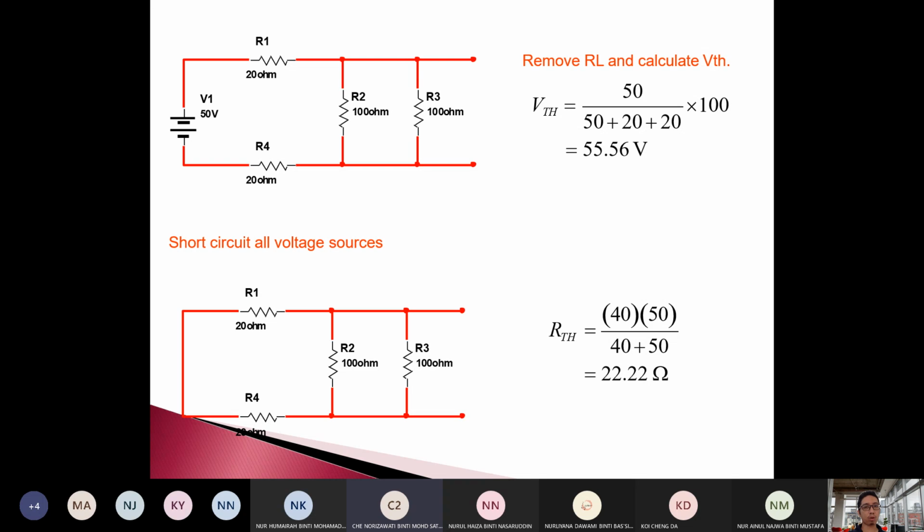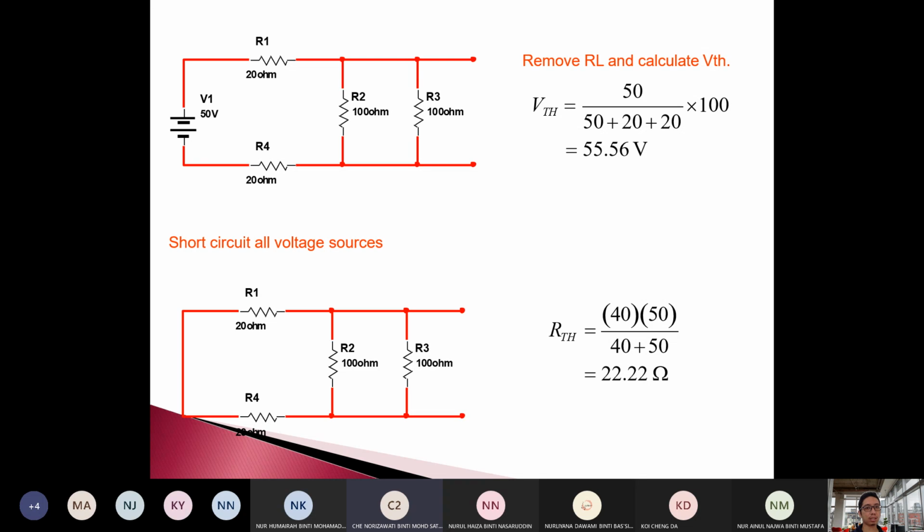We already removed RL over here. What is our VTH? Our VTH should be somewhere over here, so we need to replace that.